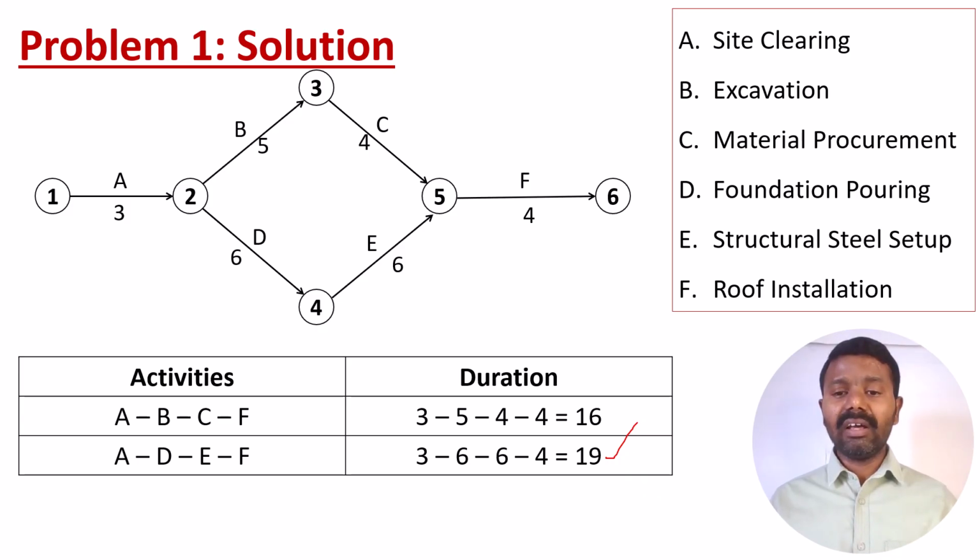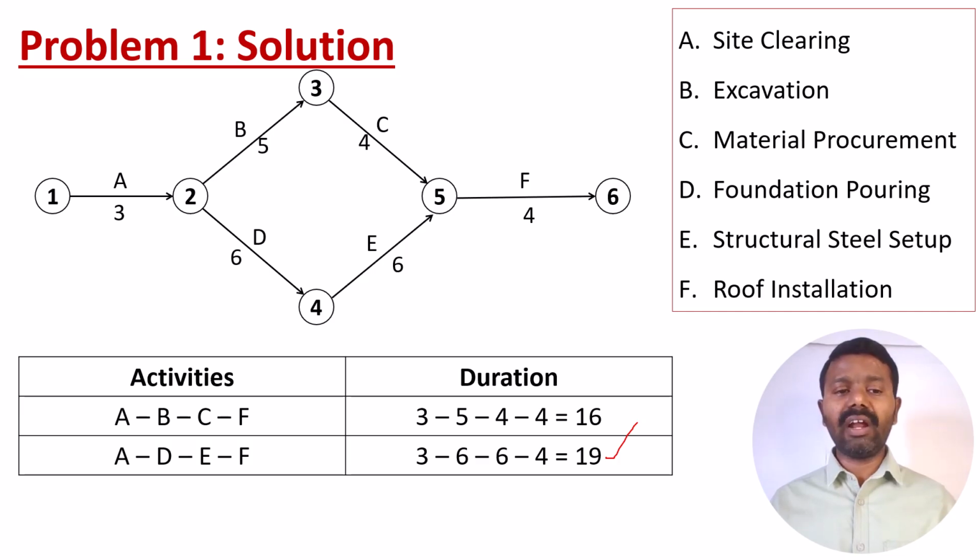And what is the project duration? The project duration is 19 months, if you travel the critical path. So the critical path is the path which takes the maximum time, and the maximum time is what we need to tell the customer to complete the project.